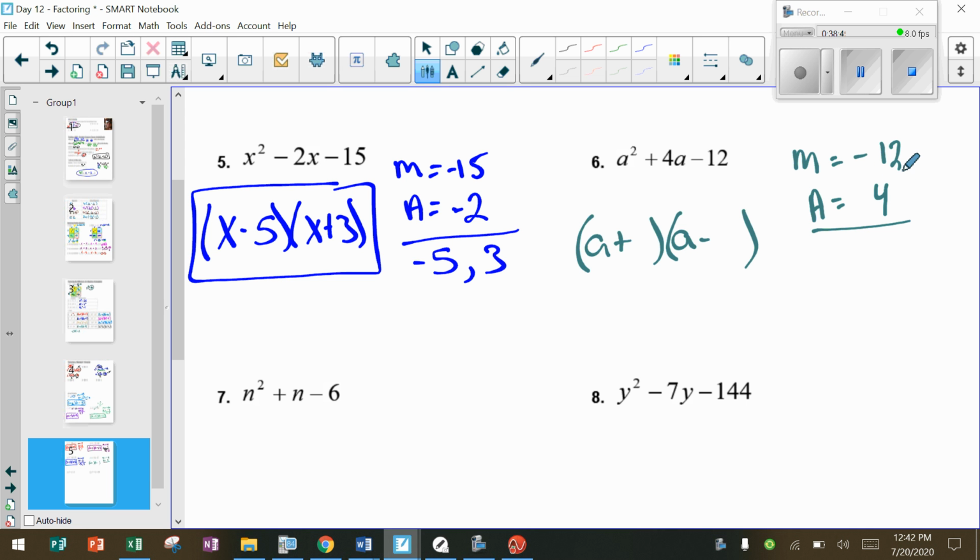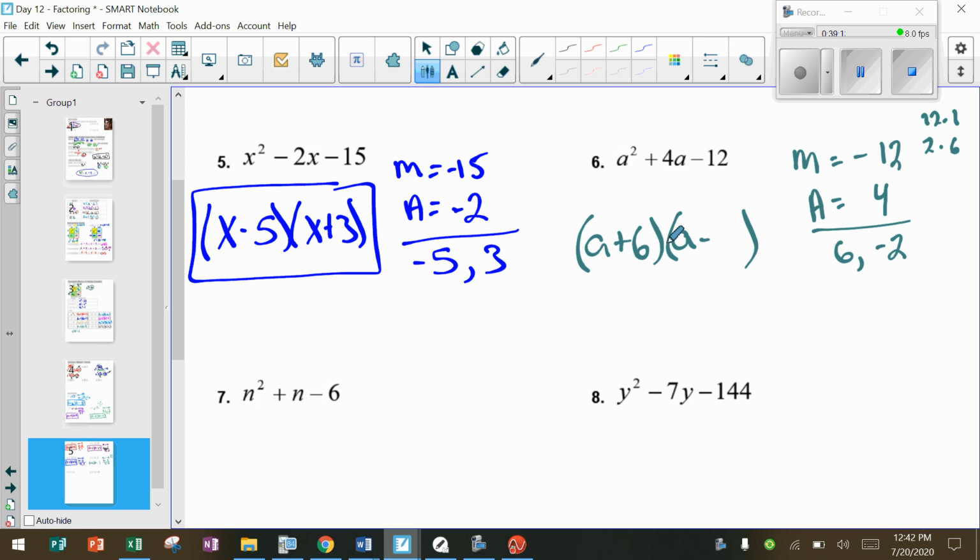Let's see if we can find a pair. There's 12 times 1, 2 times 6. Oh, look at that. 2 times 6 is going to work, because if I had 6 minus 2, that would equal positive 4. And then 6 times negative 2 multiplies to be negative 12.